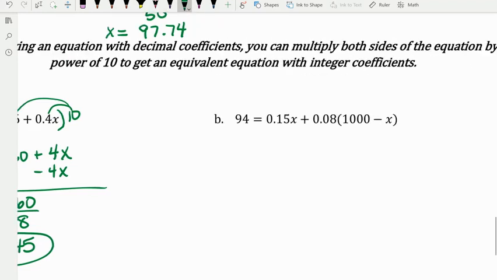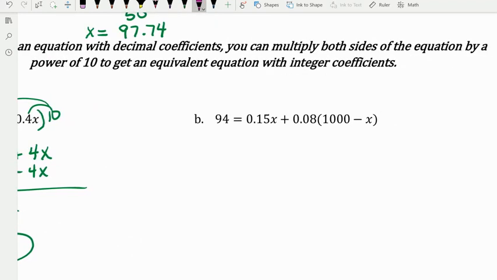All right, same thing on B over here, except this time notice that our decimal on both of those is over 2 places. So if I wanted to move these, I'd have to move the decimal 2 places to the right and 2 places to the right. Or this is 15 hundredths and 8 hundredths. So this time I'm going to multiply everything by 100 to get rid of those decimals.